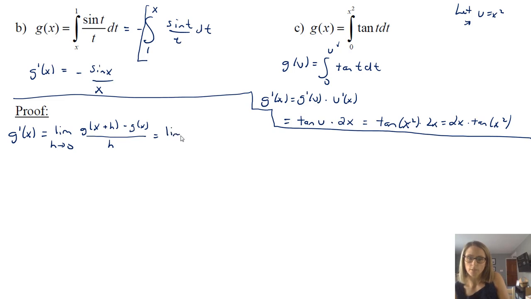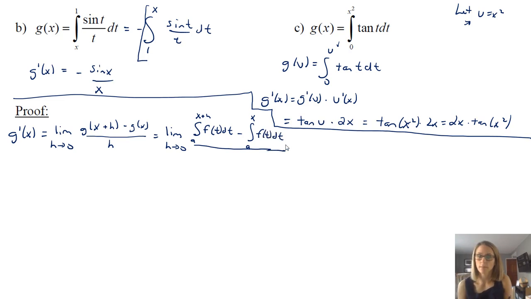So the limit as h goes to 0 of the integral from a to x plus h of f of t dt minus the integral from a to x of f of t dt, and that's going to be over h.